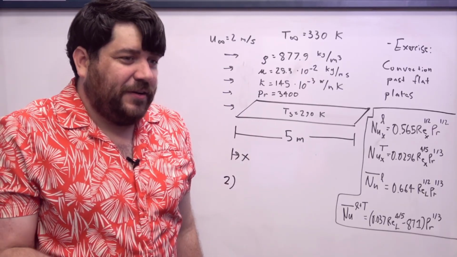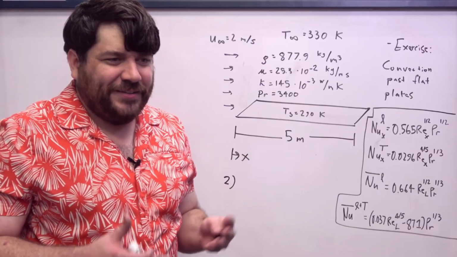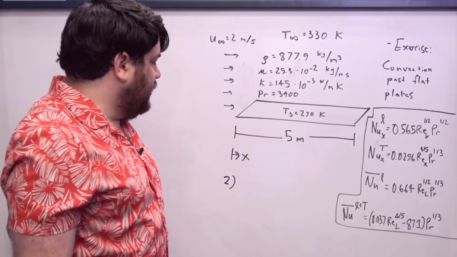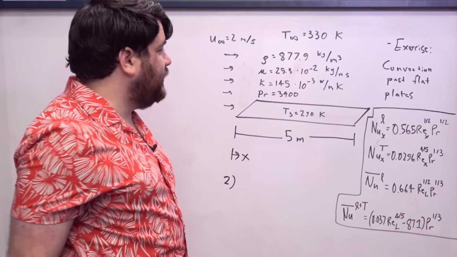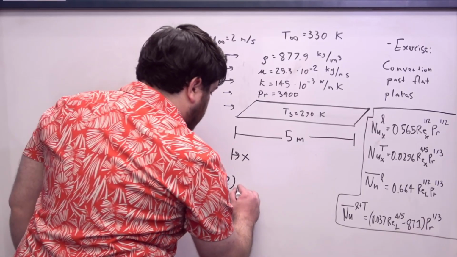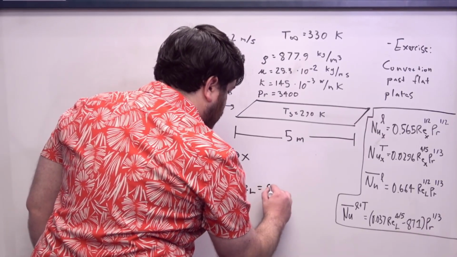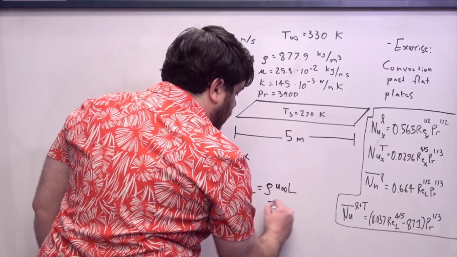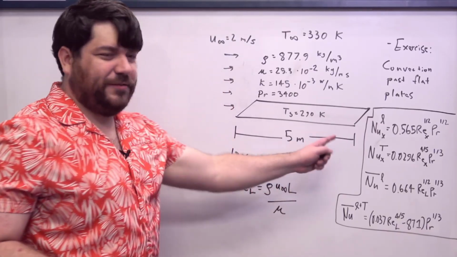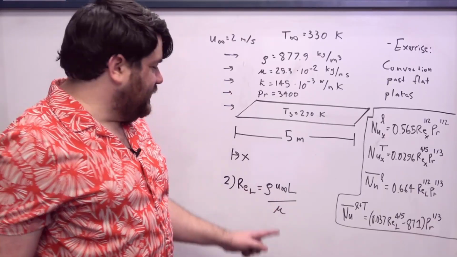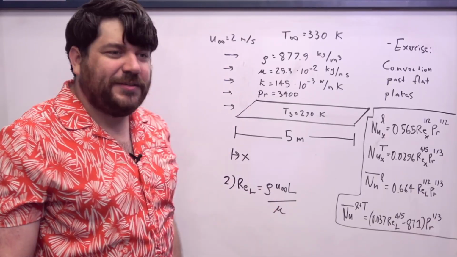When we define an average quantity, when we're looking for a net heat transfer rate or an average heat transfer coefficient or anything like that, we have to make sure that we use the whole length of the plate. And so the Reynolds number that we're going to calculate here is just rho times U infinity times L divided by mu, where this L is the 5 meters, the U infinity is 2 meters per second, and the rho and the mu are listed.